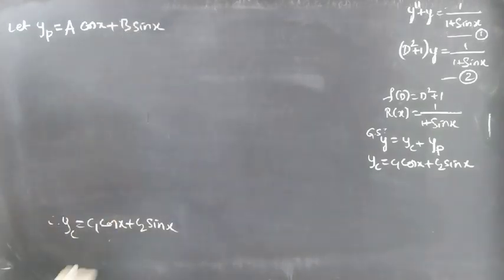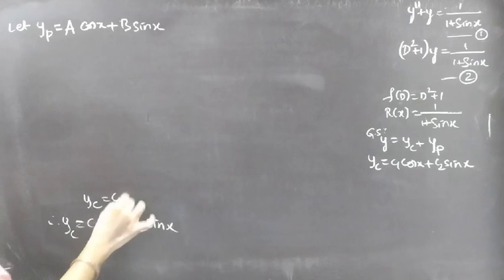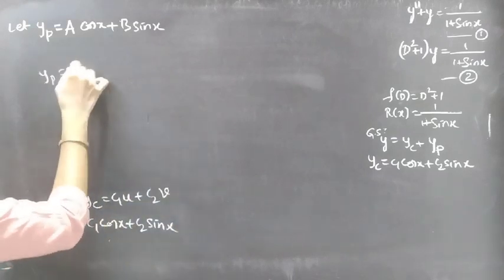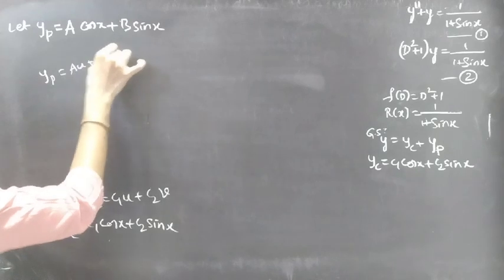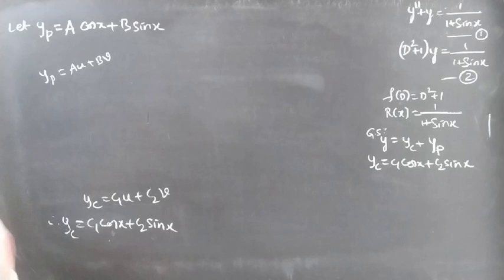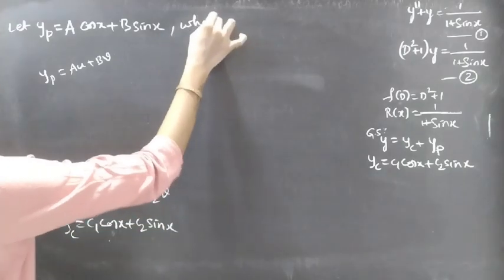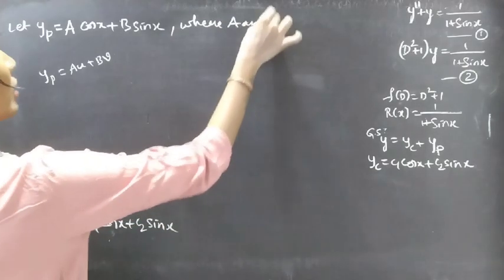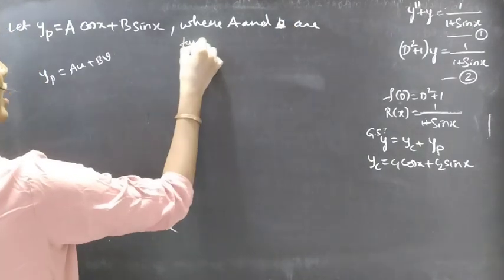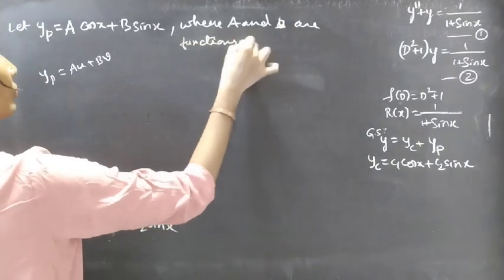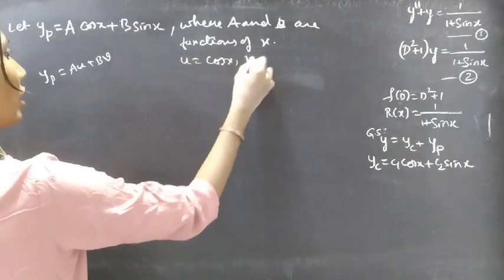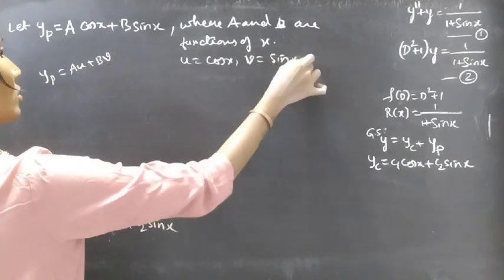Now we can compare yc with c1 u plus c2 v, or yp with A u plus B v, to find u and v, where u is cos x and v is sin x, where A and B are functions of x.